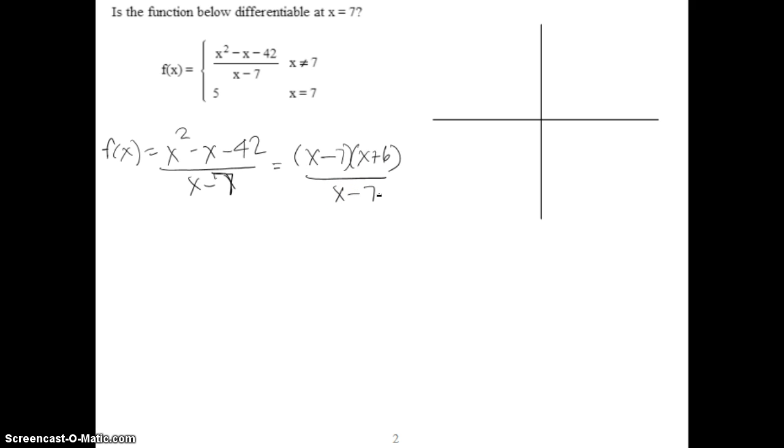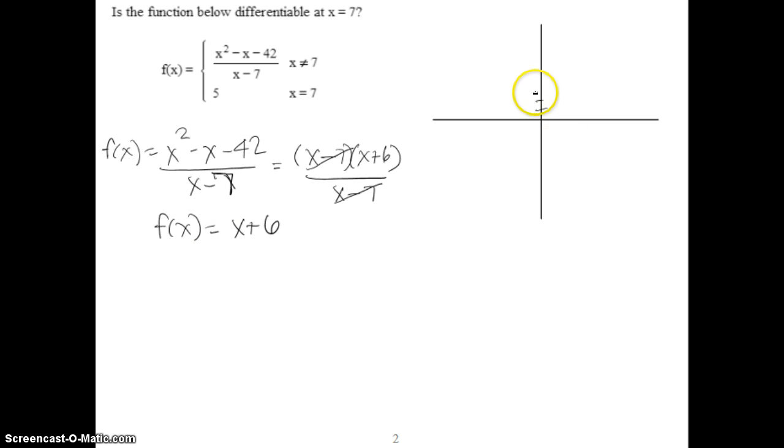You see how the x minus 7's cancel? So that graph actually simplifies to be the function f of x equals x plus 6. But since x minus 7 was in the denominator, you still have to exclude it from the domain. So this graph is just going to be the line f of x equals x plus 6.